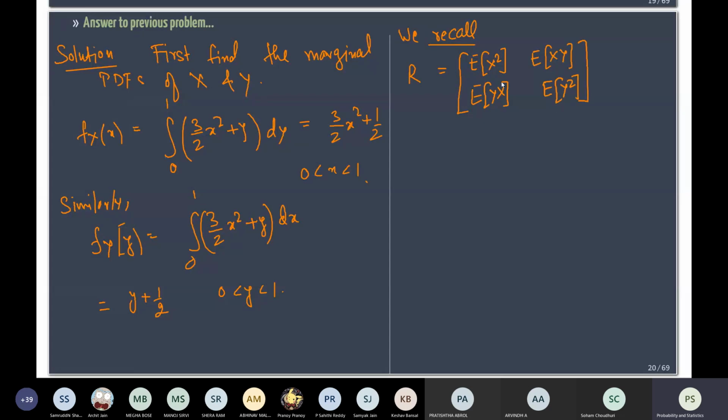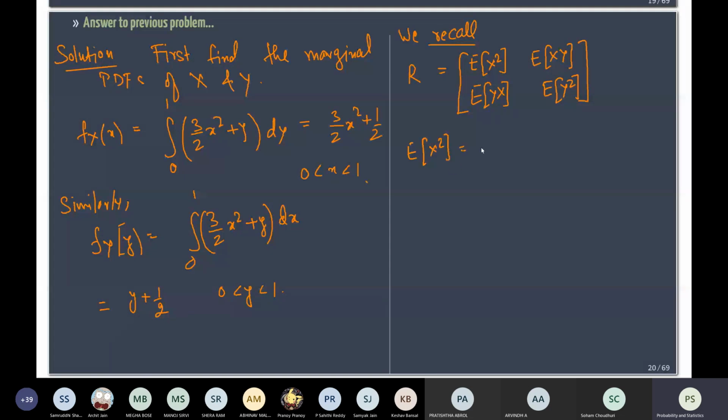We are supposed to compute these. Once we have the marginals, we can go ahead and compute the expectations of x squared and y squared.